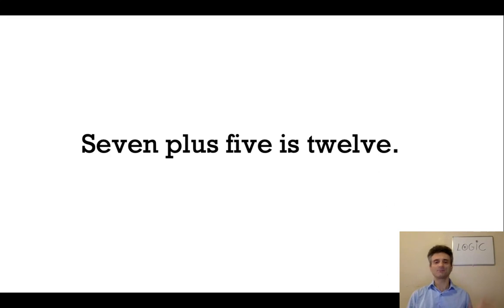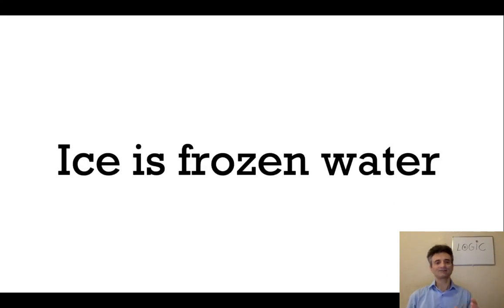Because 12 can be 6 plus 6, or 4 times 3 is 12. 12 does not have to be 7 plus 5. Okay? Ice is frozen water. Well, what's the definition of ice if not frozen water? So it's an analytic statement.